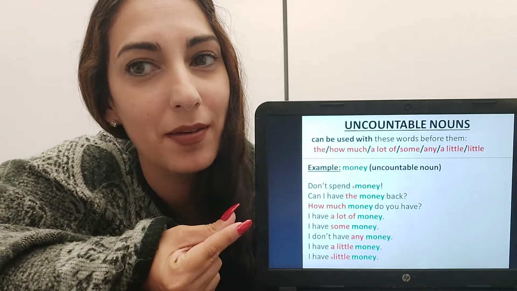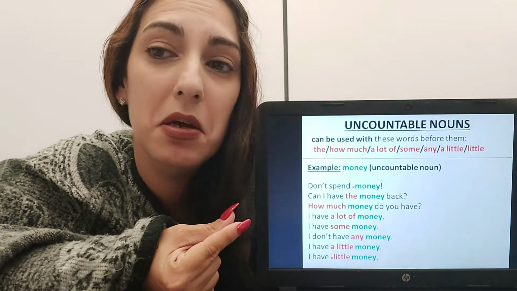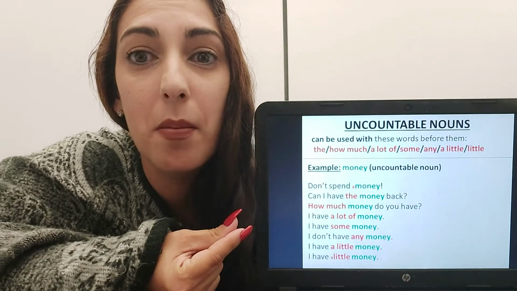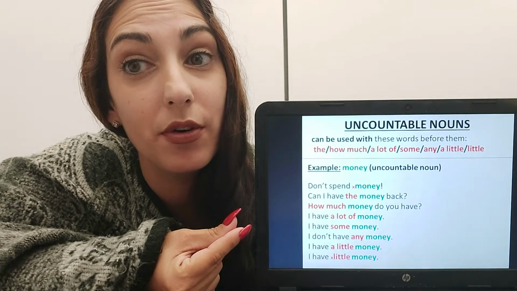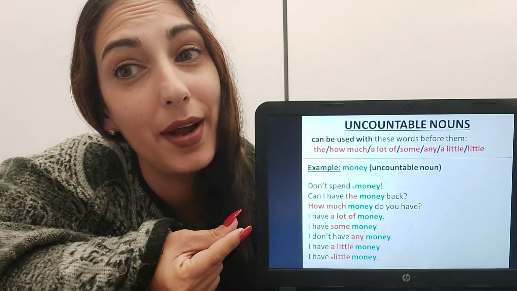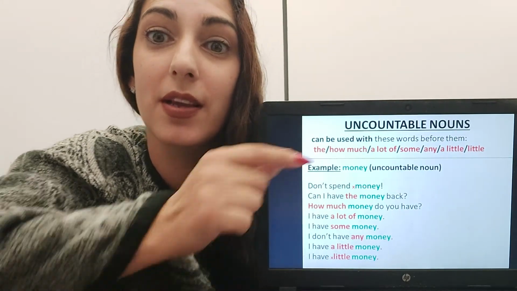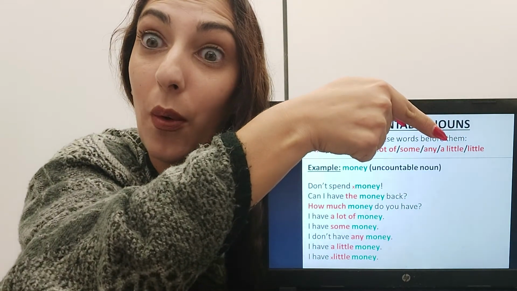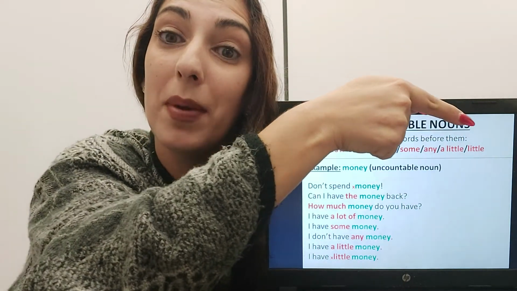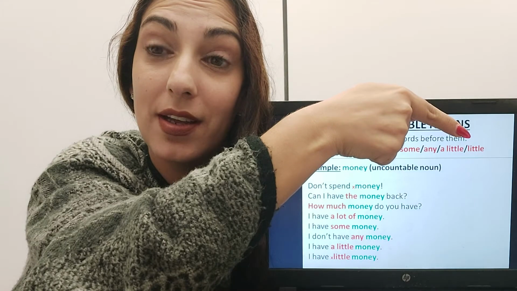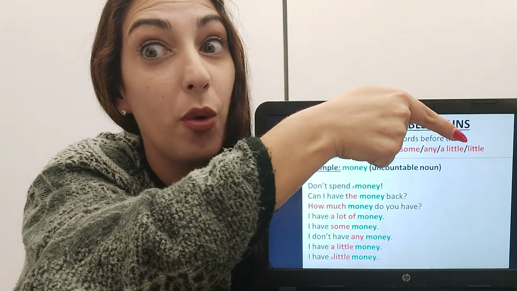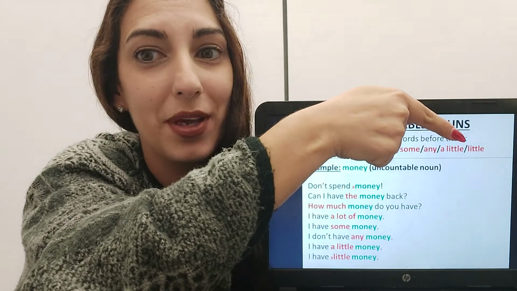So it's enough for me. So if I say I have a little money, it means I can survive. But little means almost zero. I have little money. That means I don't have enough to survive. It's a problem for me. So a little might be small, but it's okay. But little without a in front of it means it's small, almost zero, and not okay.